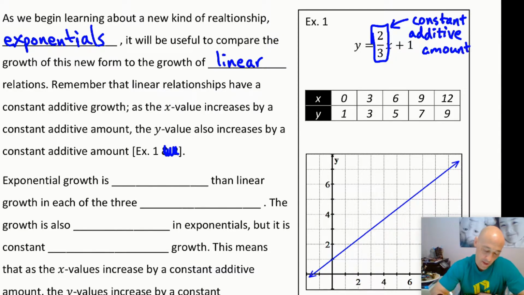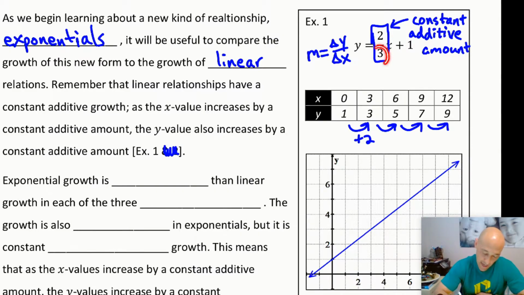And remember that since that is the slope, we can see the two parts in our table. Remember that slope is delta y over delta x. So our delta y is plus 2. So we're growing by 2 each time in our y values.